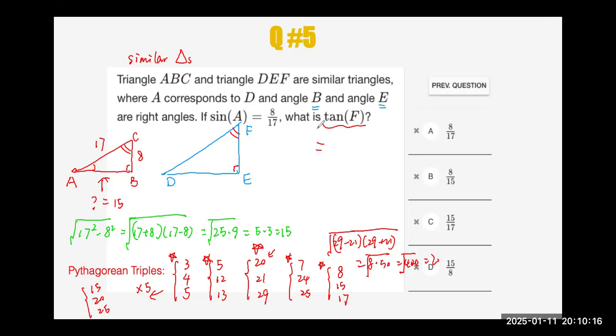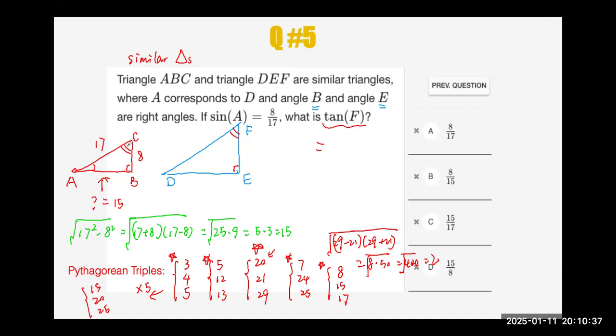So I just looked through the answers and found one with a denominator of 8. Oh, I see. Can you tell us the tangent f in this red triangle, which angle is corresponding to angle f in the blue one?